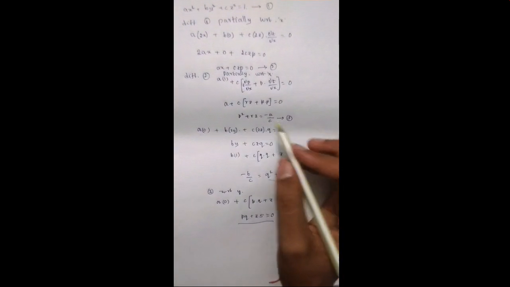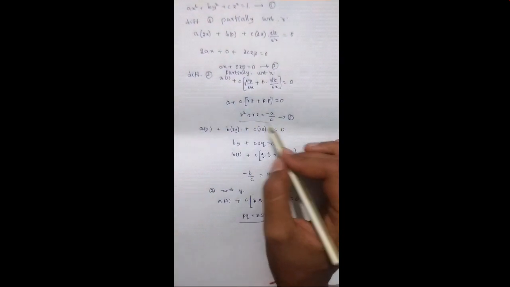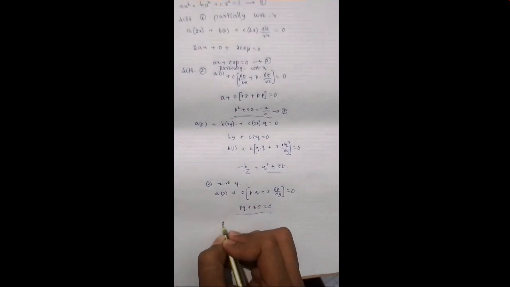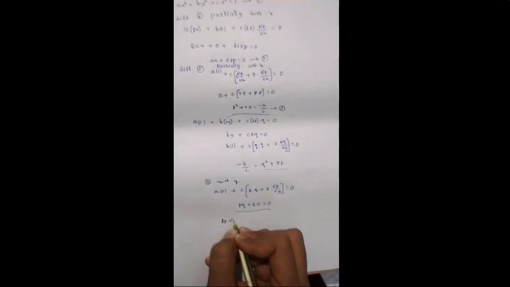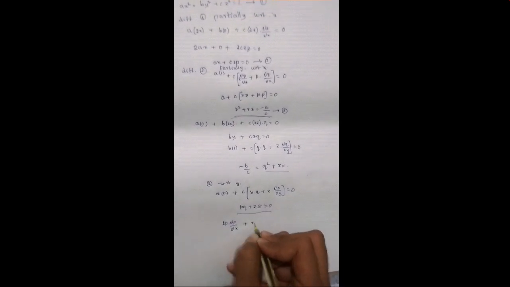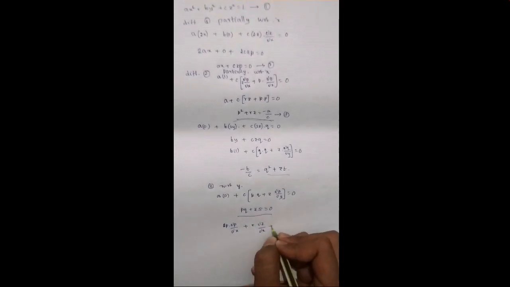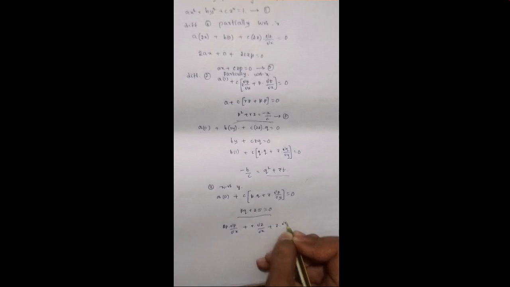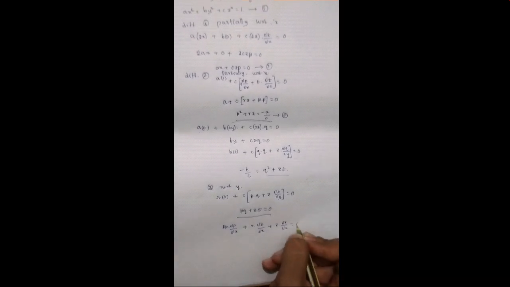This is one kind of solution, and if you differentiate this equation, you will get another kind of solution. With respect to x, 2p ∂p/∂x plus r ∂z/∂x plus z ∂r/∂x equal to 0.